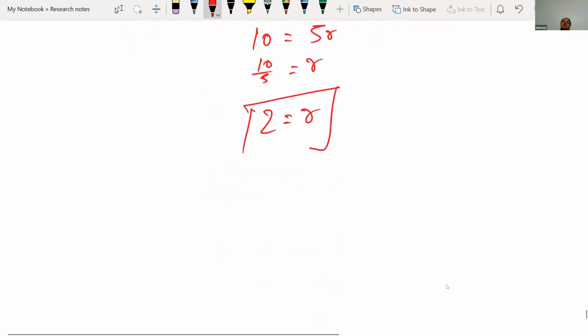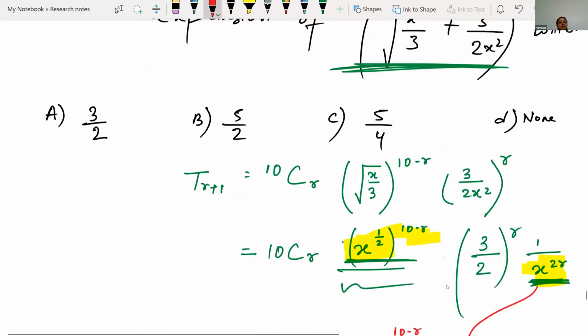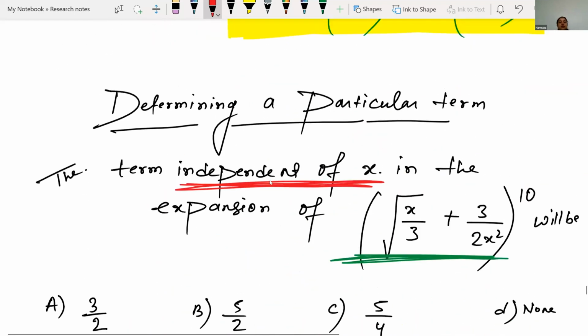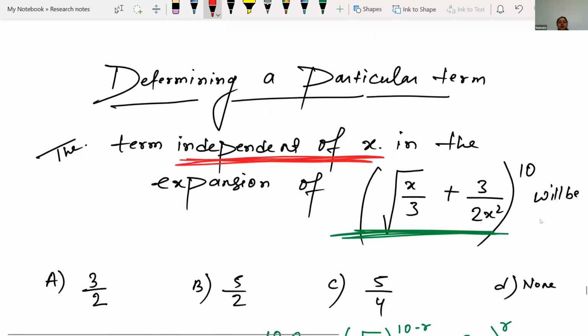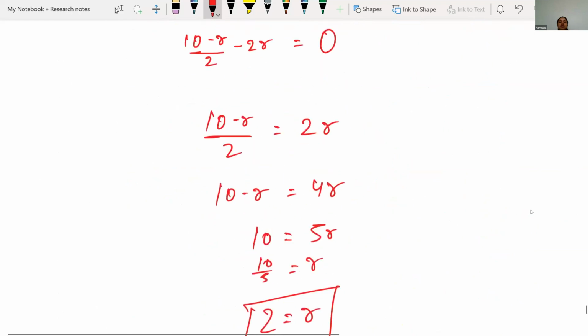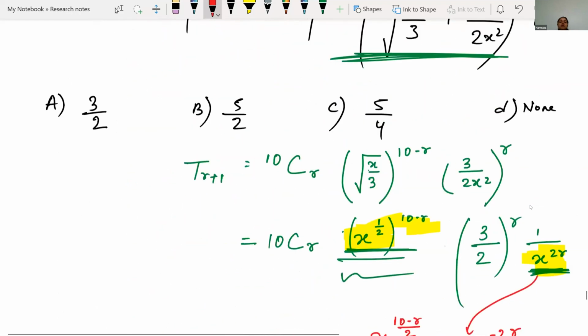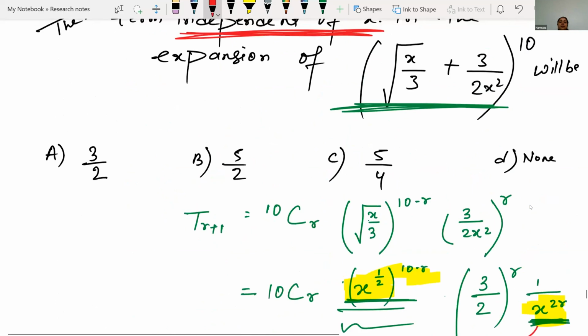What we needed to find over here, let's see: the term independent of x in the expansion of this. We got the r value as 2. Which term is this? The r plus 1th term, right? Yes, ma'am. We assumed that the r plus 1th term is such a term where x is not there.